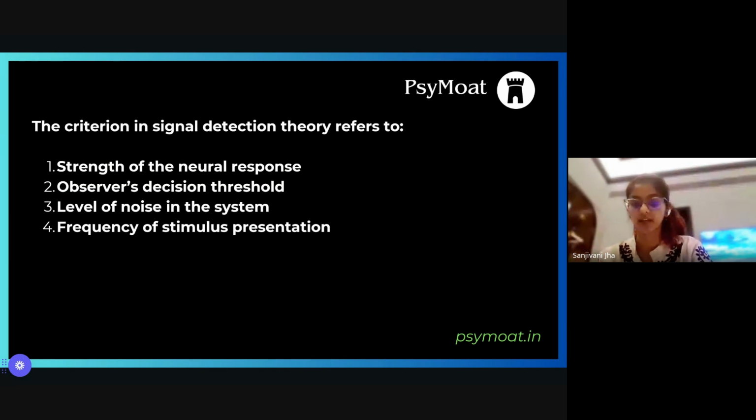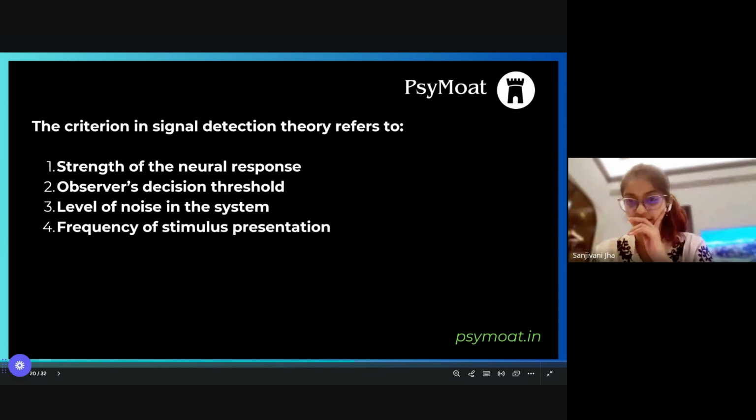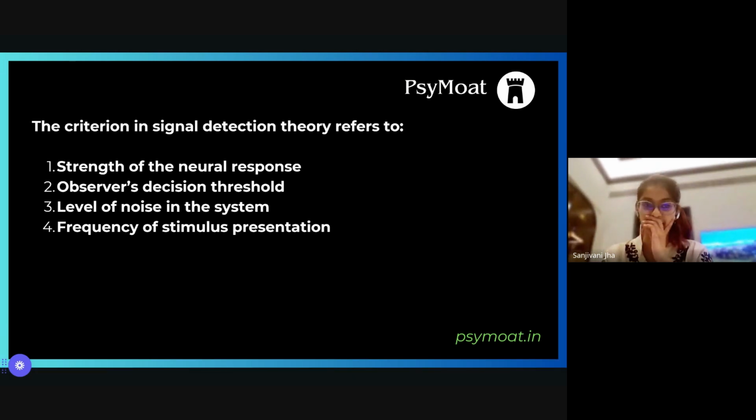Either we can have a hit, or a miss, or a false alarm, or what is the fourth one? What are the four components of signal detection? Correct rejection. Right. So it is actually trying to measure the observer's decision threshold and his ability to make those decisions in the presence of a signal.